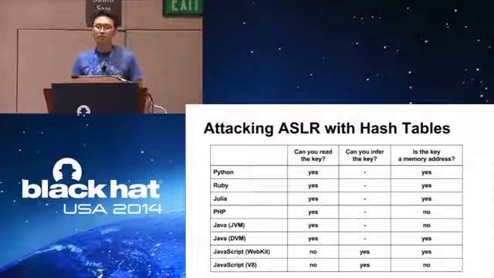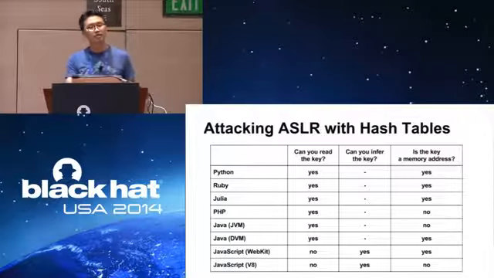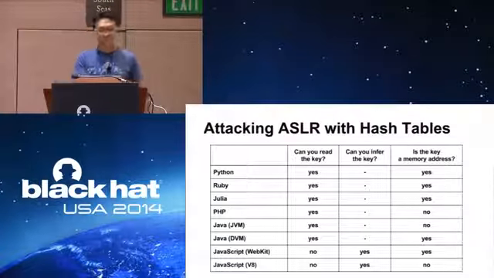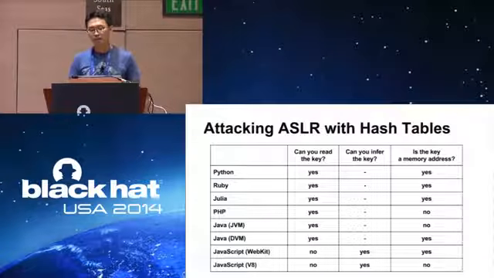For this, WebKit and V8 cases, WebKit is used for Safari, and V8 is used for Chrome. In WebKit's case, we can infer the key, and that inferred key is also the memory address. And in V8's case, although you can infer the key, that key was not the memory address. It was still just a random value.